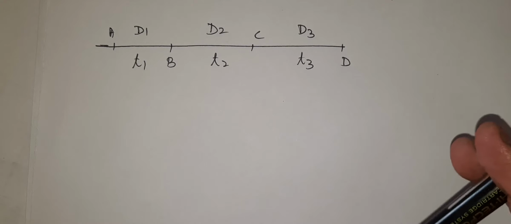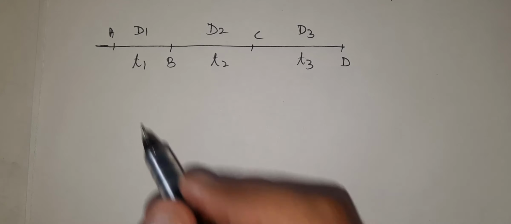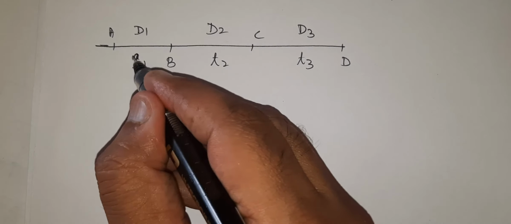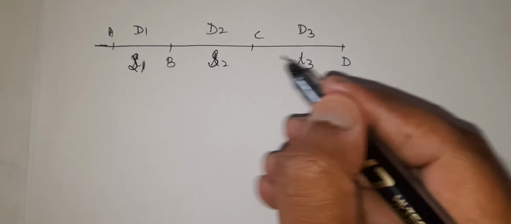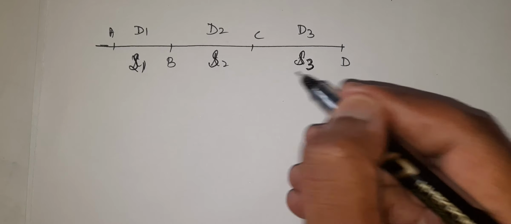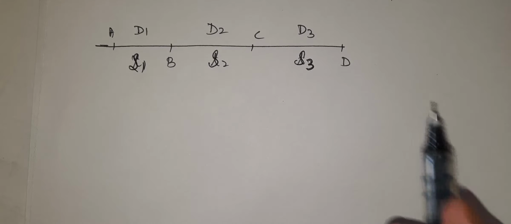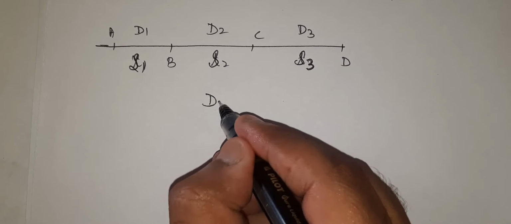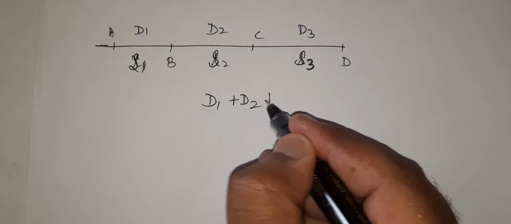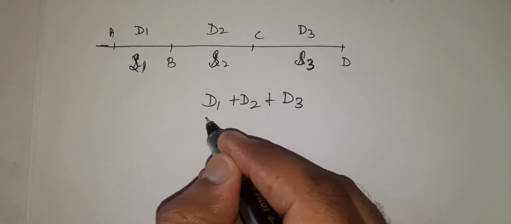Let's vary this and give speeds: speed s1, speed s2 and speed s3. This is the situation. Now how to go? Total distance over total time. Total distance is d1 plus d2 plus d3.